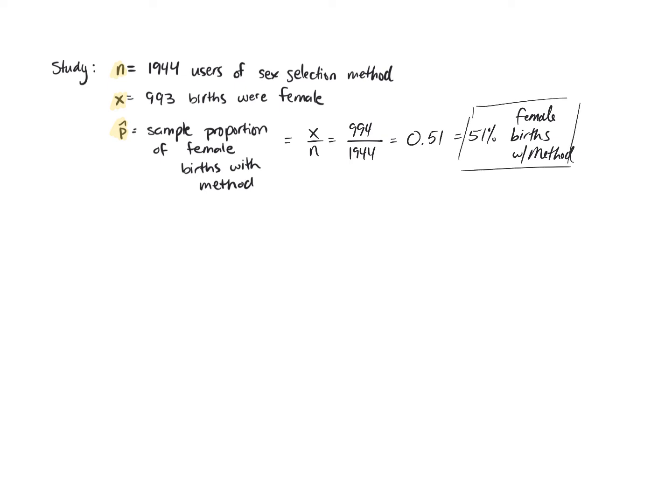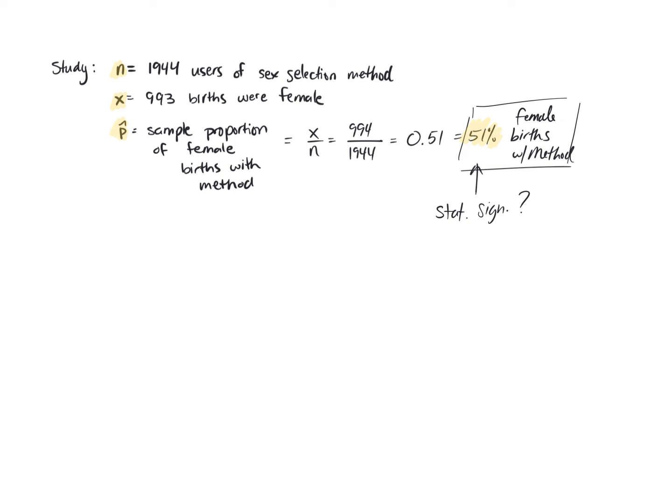Now, we want to know, is this result statistically significant or not? To answer that question, the criterion we use is this: if the chances, or the probability, or the likelihood, choose your word, of getting this particular result is very low, then that means our results are statistically significant.